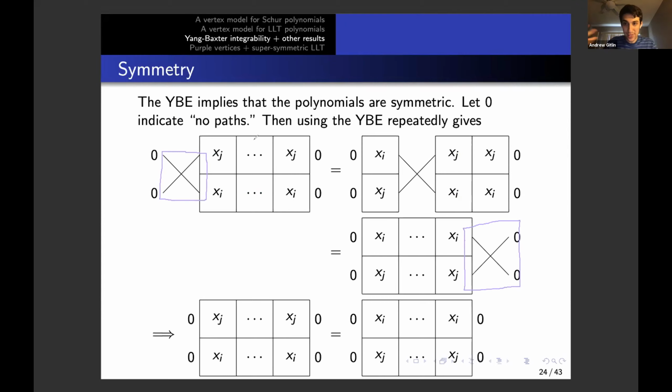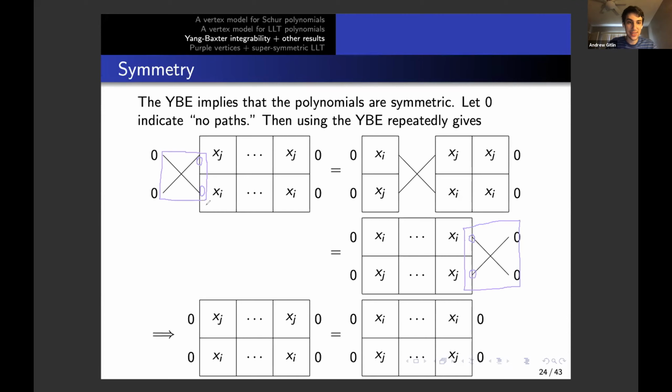And you'll notice that what we did is we swapped xi and xj with each other in the process. The only valid configuration of the R matrix with zeros on the left-hand side is just all zeros. And same thing over here. So the only valid configuration of the R matrix with zeros on the right-hand side also has zeros on the left-hand side.